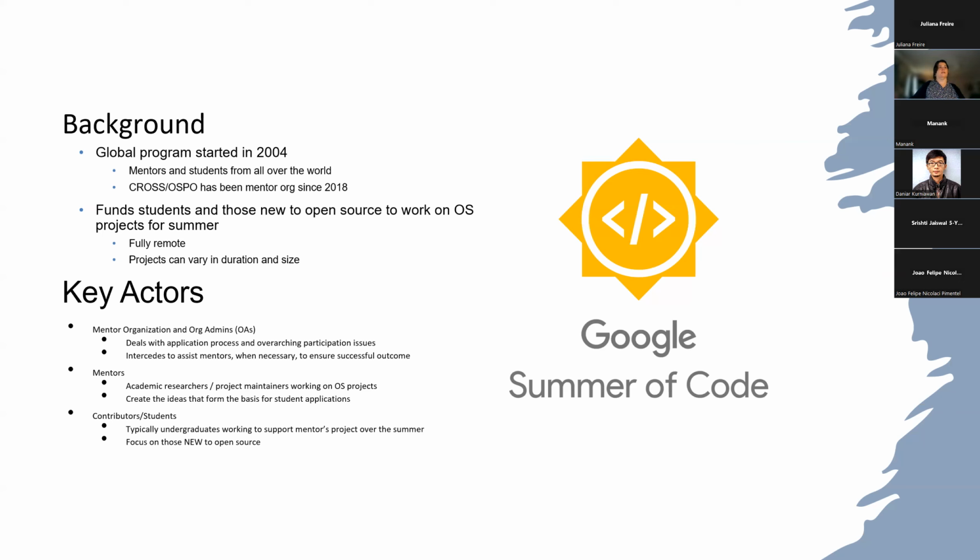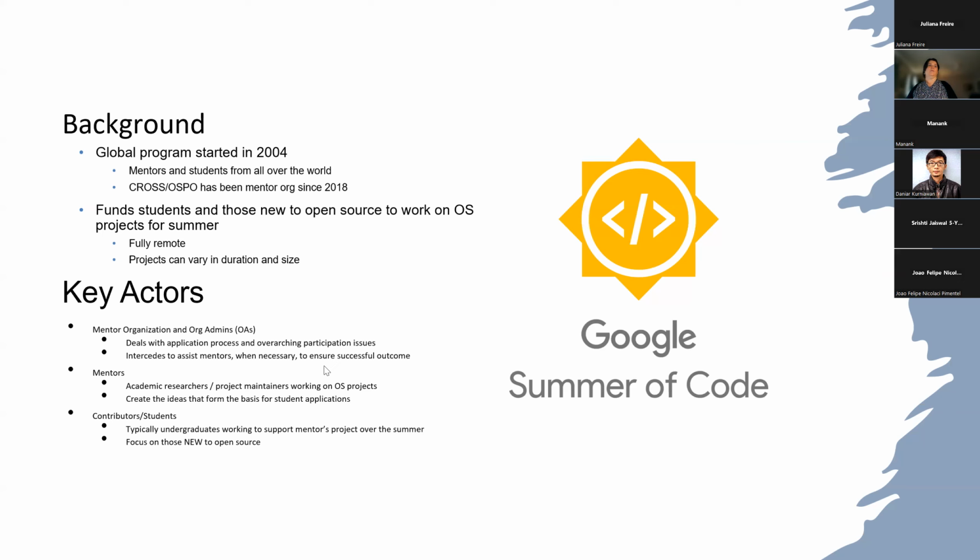And then the key actors, which people keep hearing these terms, are a mentor organization and org admins, which is what we are, and it will be similar to how we talk about things in the OSRE in general. Then there are mentors and contributors and students. So Google Summer of Code has contributors.